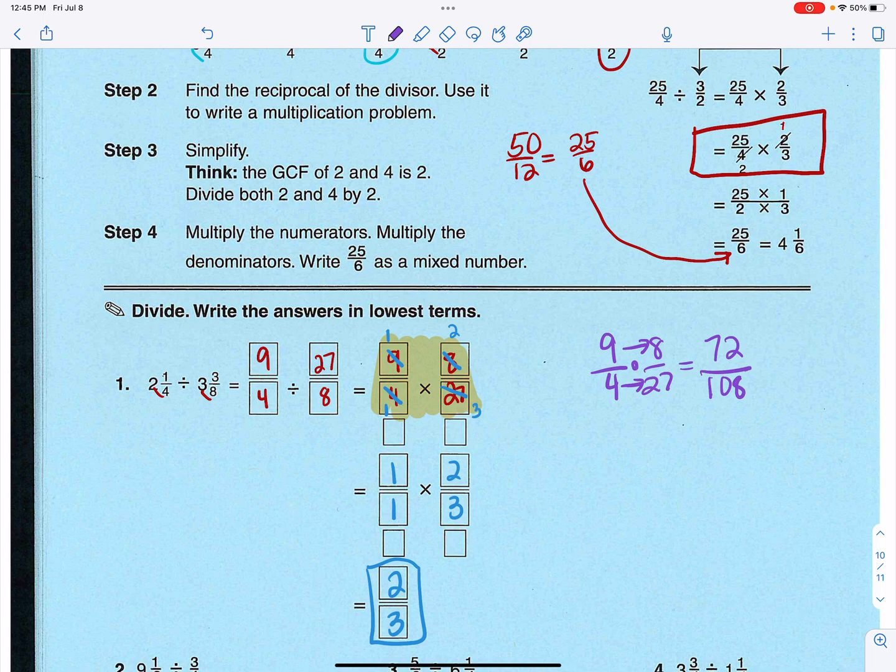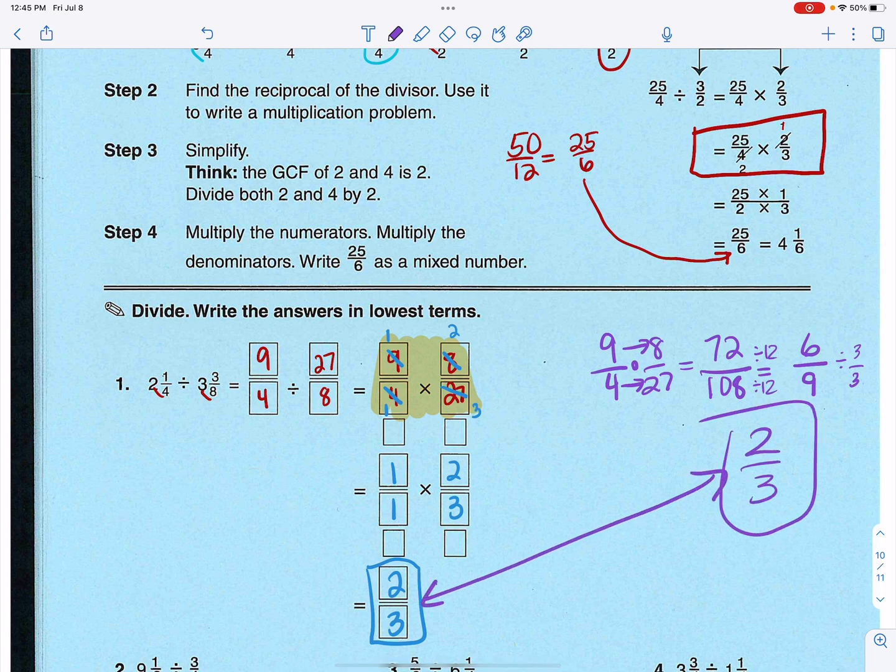I'm going to try 12. So 72 divided by 12, I get 6. And if I do 108 divided by 12, I get 9. So if I divide both of these by 12, I get 6 over 9. Well, if you look at that, I can see they both divide by 3. So my answer is 2/3. So you see, it doesn't really matter if you simplify and then multiply or multiply and then simplify.